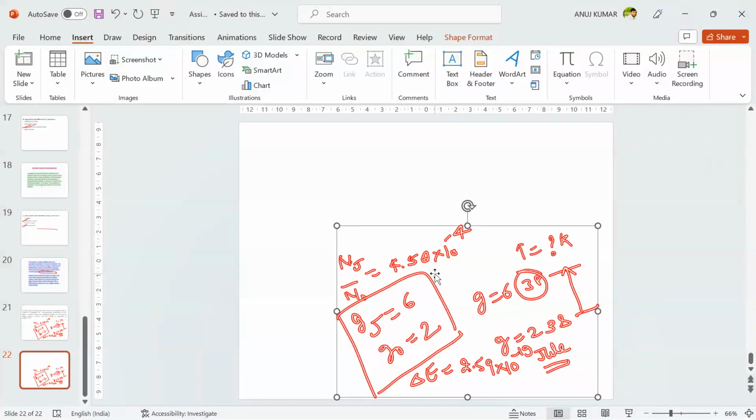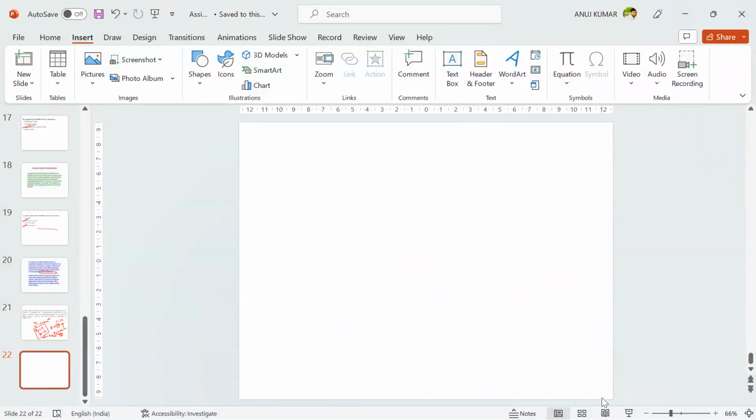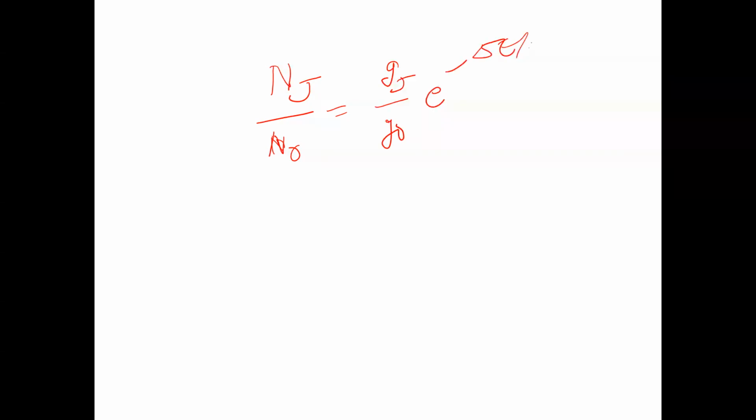You have to apply this formula: Nj by N naught is equal to Gj by G naught e to the power minus delta E by kT.